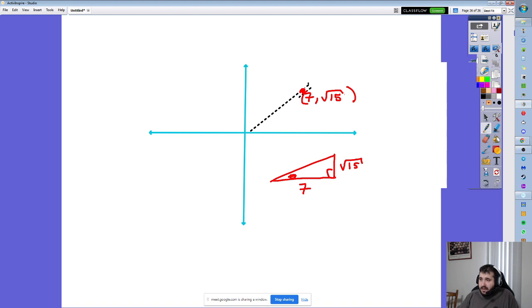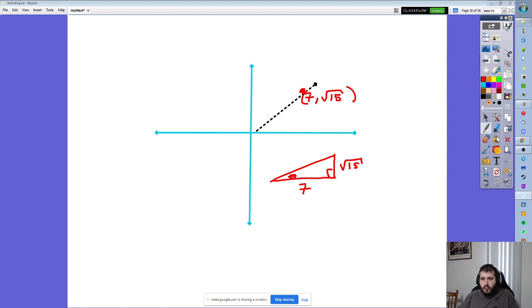Do we need to figure out what the hypotenuse is for this one? So for number 6, remember we want the tangent of theta, right?